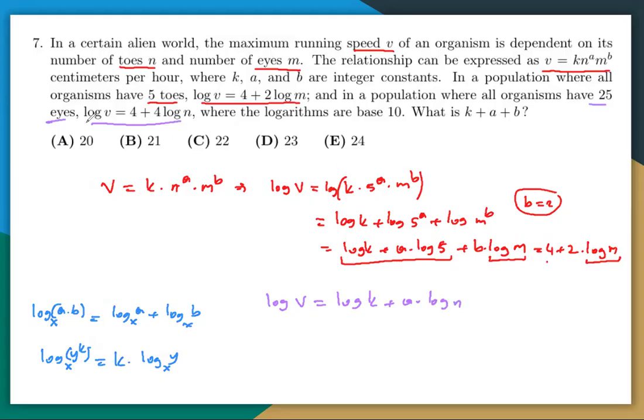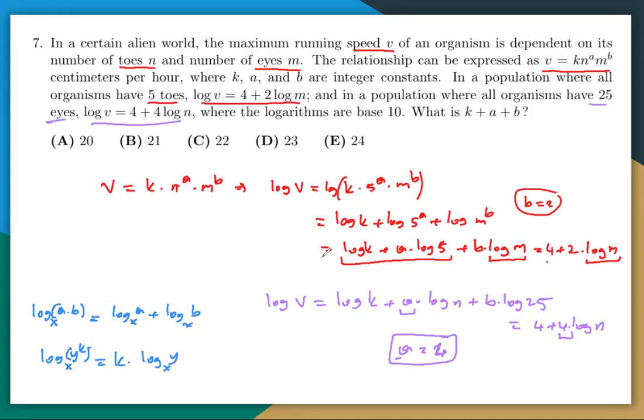But in our case now we are looking at the eyes, which is m, replaced with 25, so that should be plus b times log 25. So this is exactly what we did right here, I just skipped one step. And then we are told this is equal to 4 plus 4 times log n. So the coefficient of log n on one side is a, and on the other is 4. That means a has to be 4.